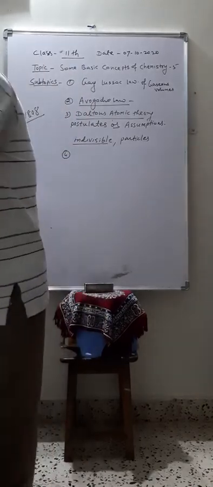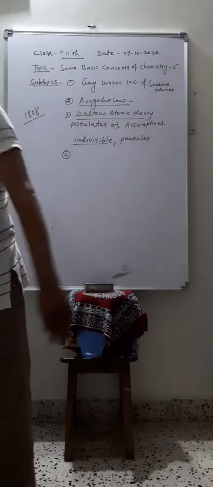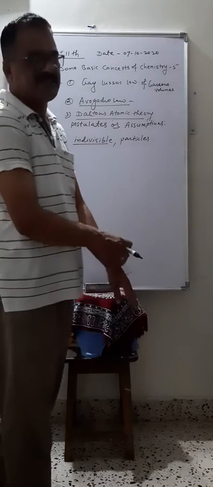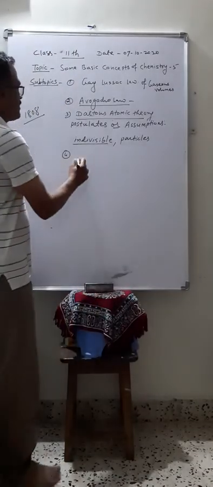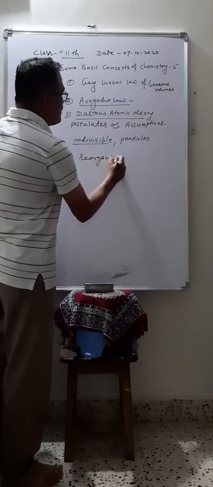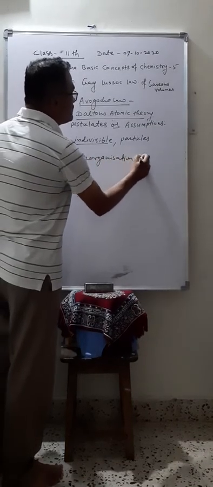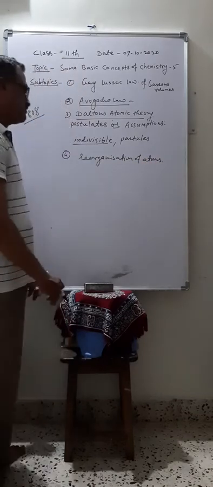तर शेवटच्या पॉईंटमध्ये डाल्टन्स ॲटॉमिक थेअरीमध्ये त्यांनी म्हटलेलं आहे की when the chemical reactions take place, at that time there is reorganization of atoms. Reorganization of atoms at the time of chemical reaction between the reactant molecules.